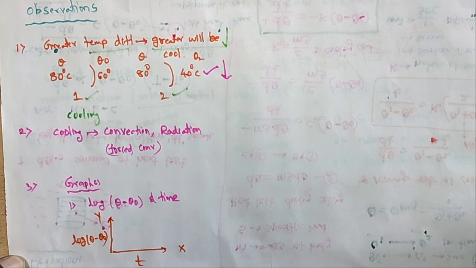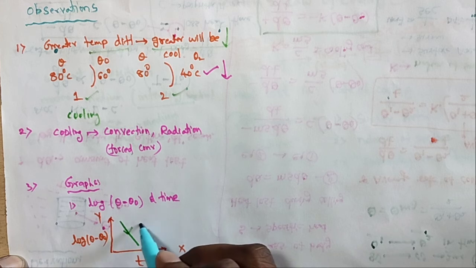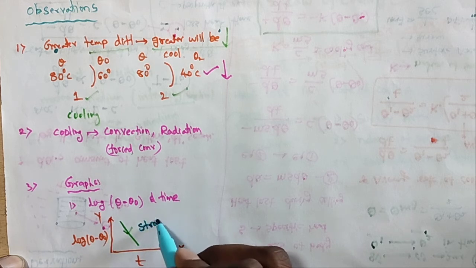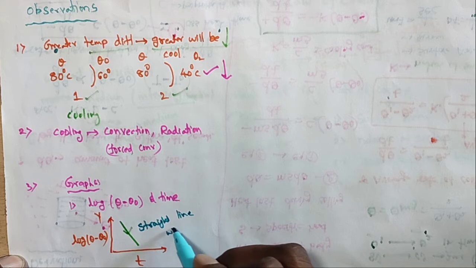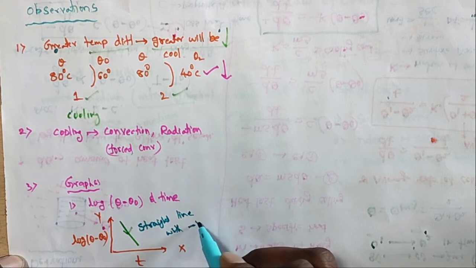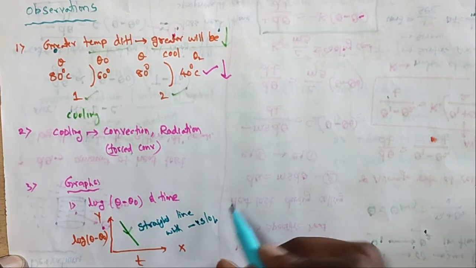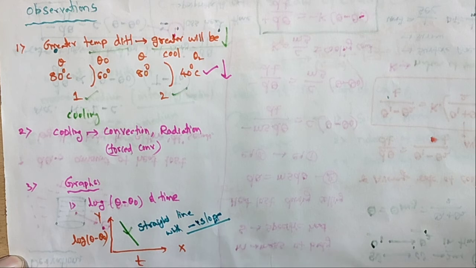In this graph, the result is like this. This line is a straight line with negative slope. Please remember, negative slope.